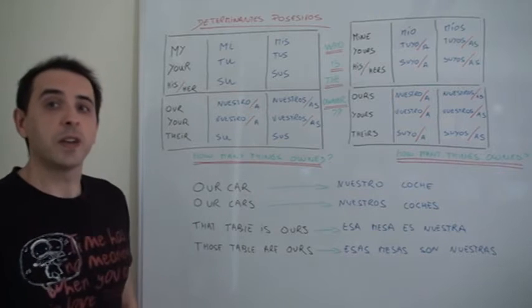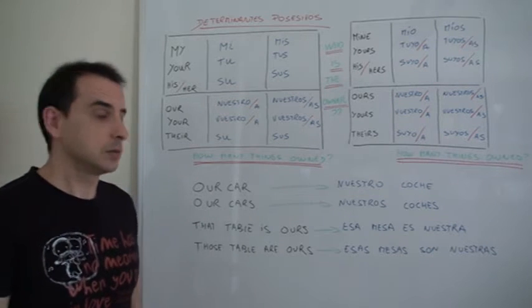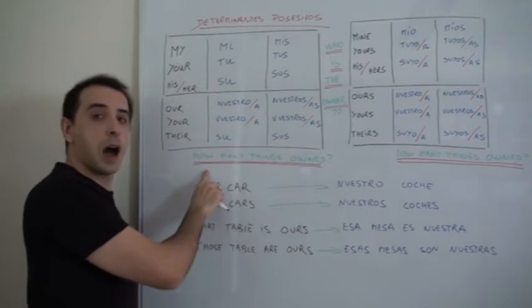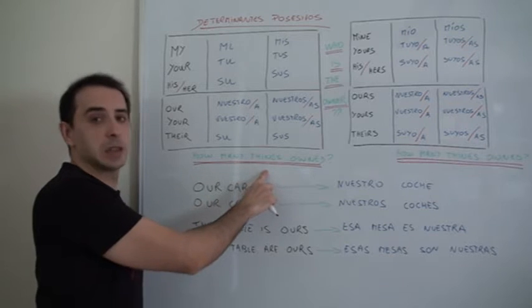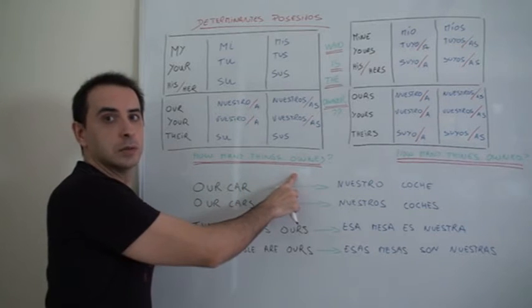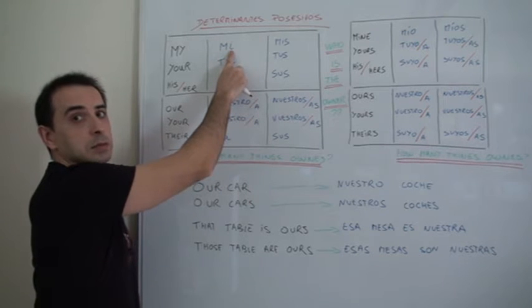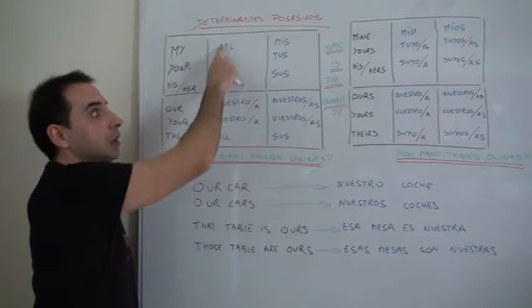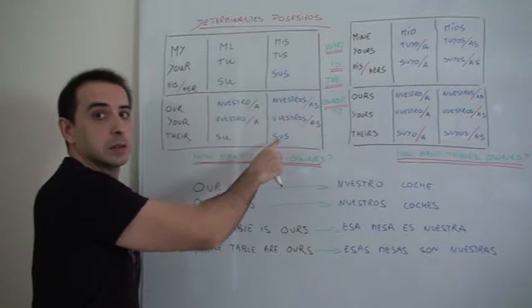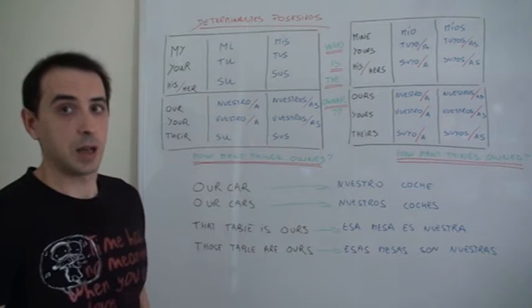And then we have another option depending on how many things they own. If only one thing, this column. If more than one thing, the second column.